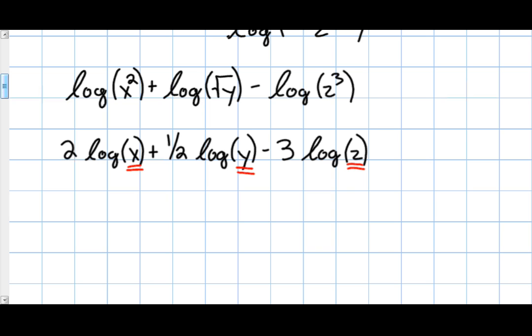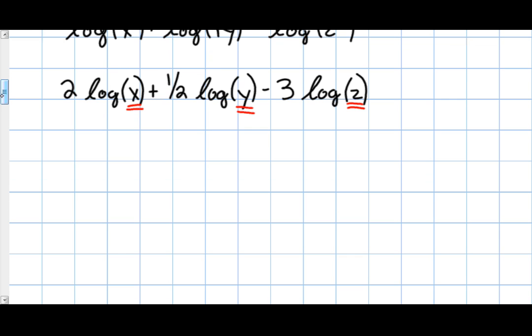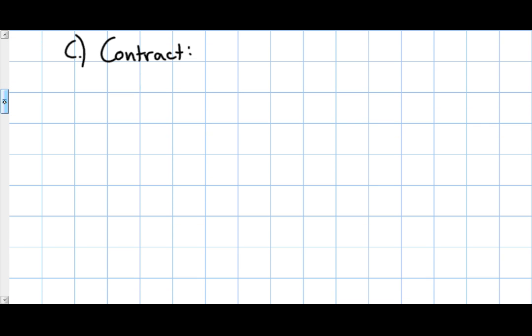So the opposite of expanding, if you want to make them bigger, is to contract them. Let's take a look at one of those. A little more space.